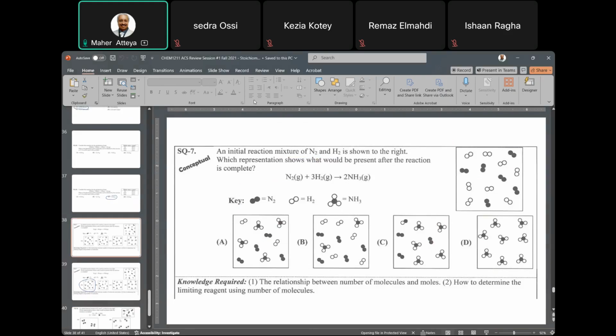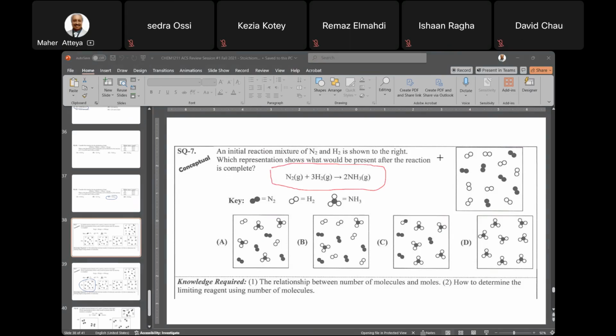What type of reaction do we have here, guys? Don't let me down. What type of reaction do we have here? Combination. Combination again. That's correct. Synthesis or combination. So you have 2 combination reactions.